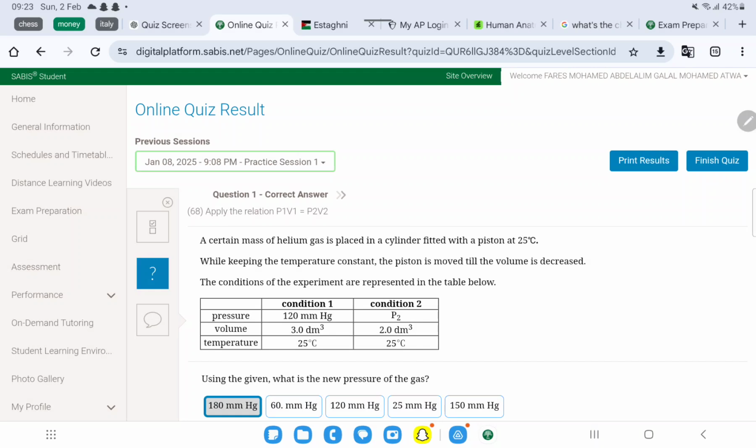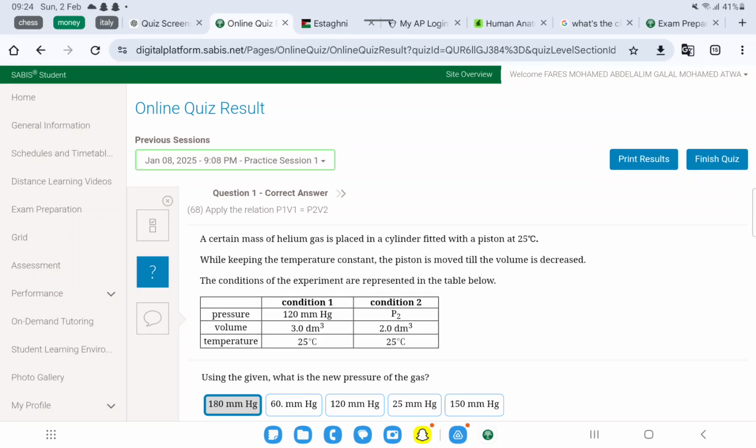In 5.3, it's all about PV equals nRT. A certain mass of helium gas is placed in a cylinder fitted with piston at 25 degrees Celsius. While keeping the temperature constant, the piston is moved till the volume is decreased.